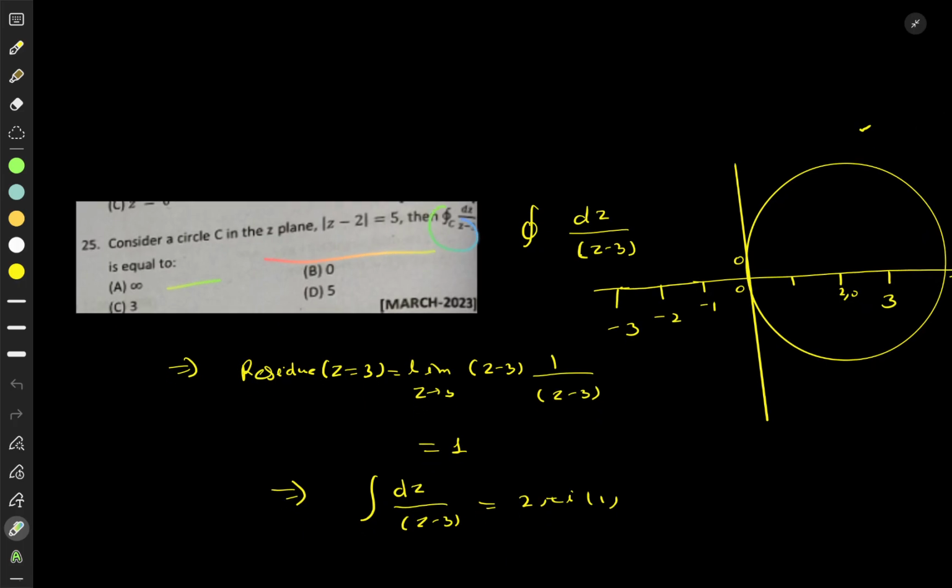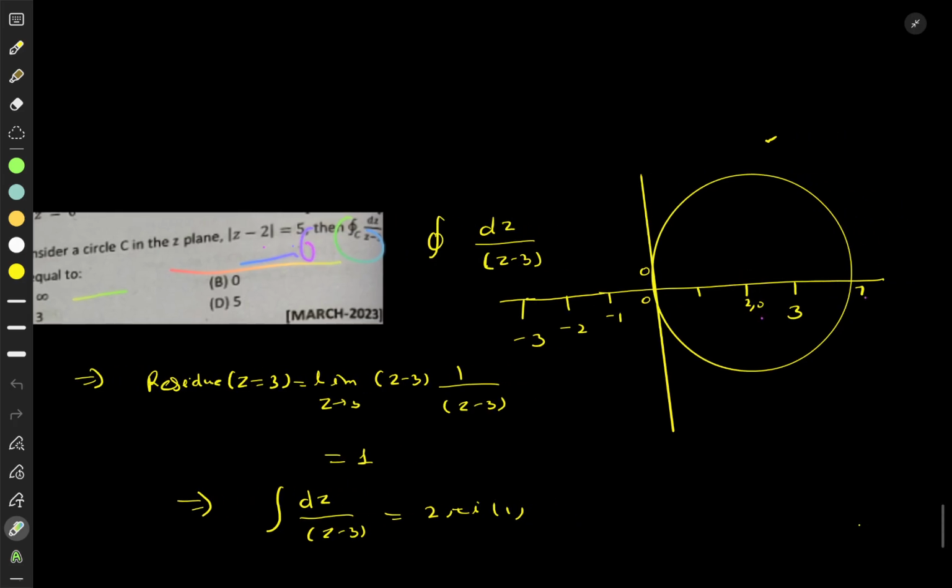So we have to calculate this value, and this is the circle of radius 5 and center 2, 0.